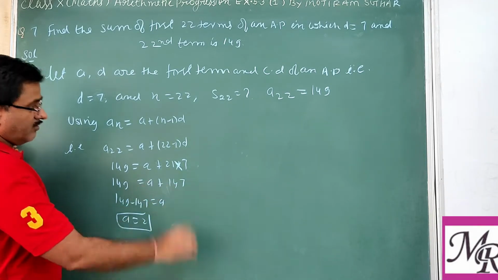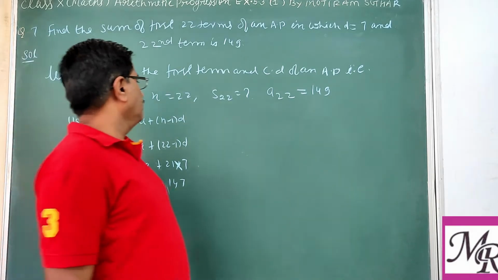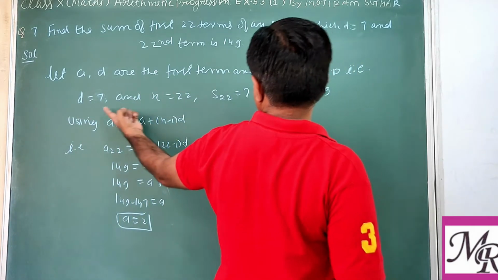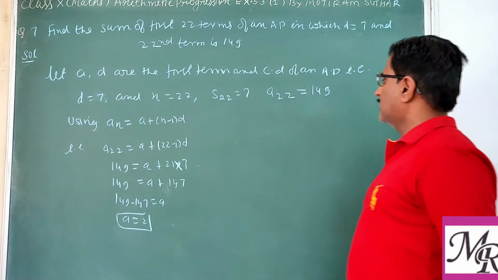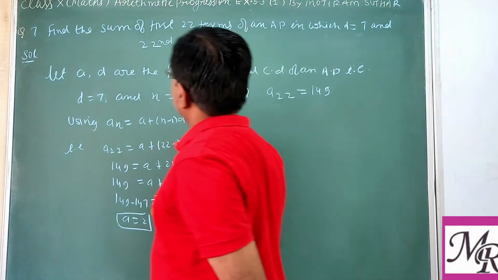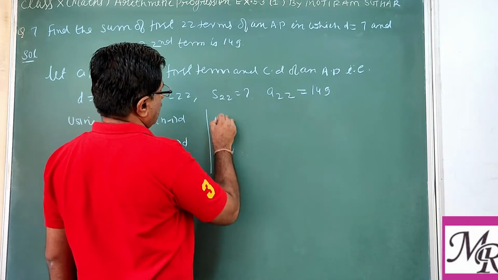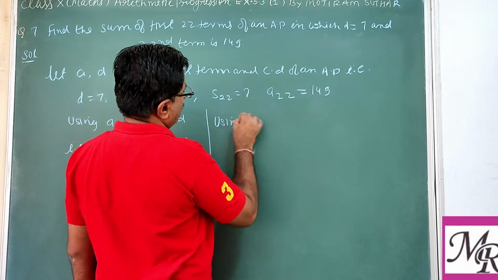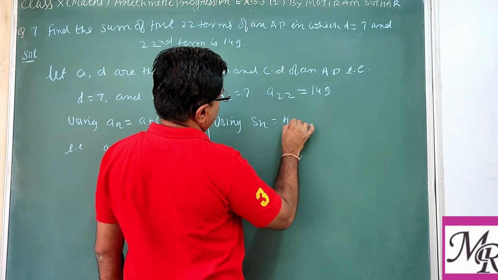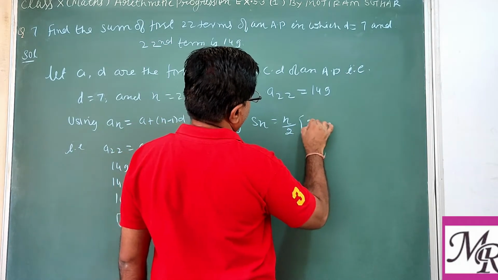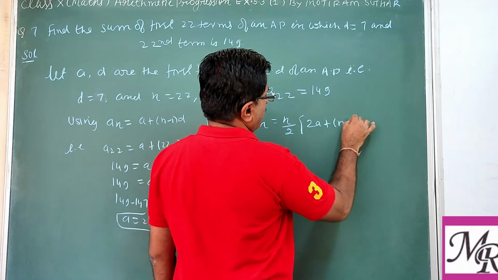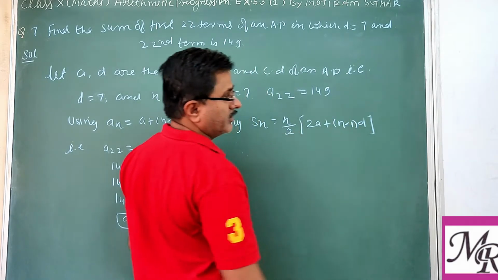So we now get the first term. Now we know n, d and a. So we can find the sum of 22 terms using the formula Sn equals n by 2 into (2a plus (n minus 1) into d).